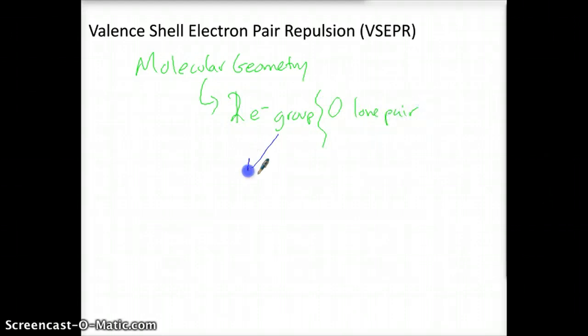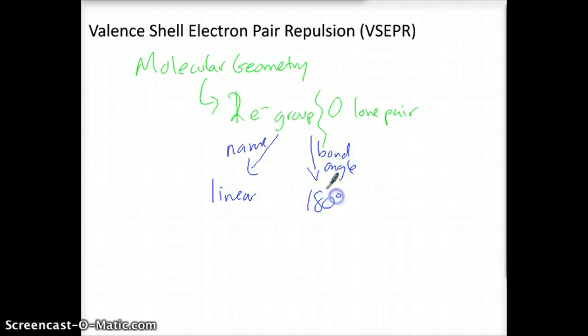Number 1, you need to know the name of the shape, linear. Number 2, you need to know the bond angle, which would be 180 degrees for this molecule. And number 3, you need to know the hybridization, which is sp. These all just come from your molecular geometry sheet.